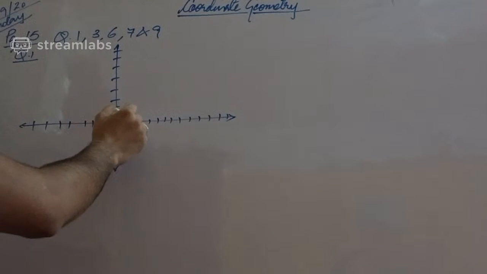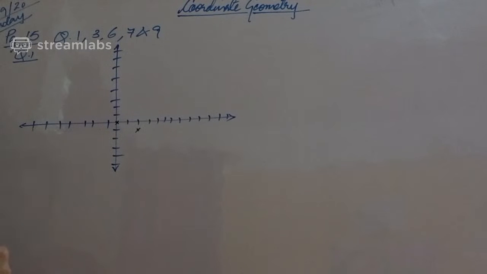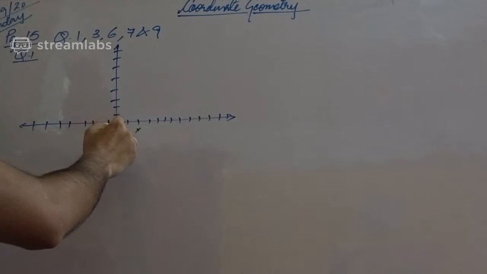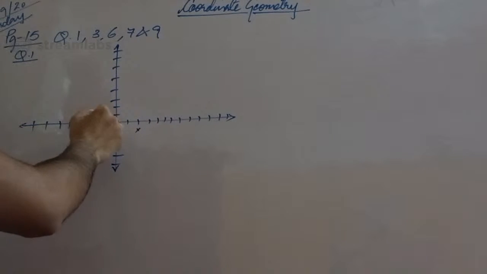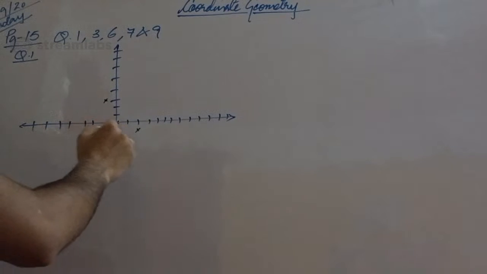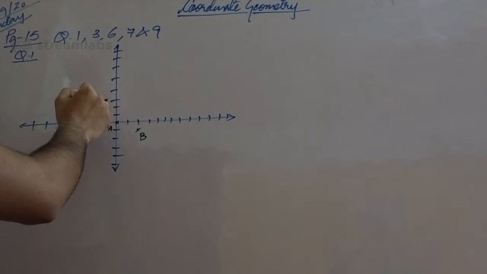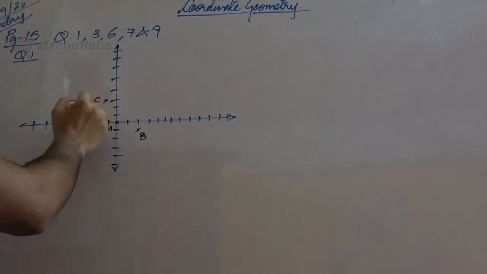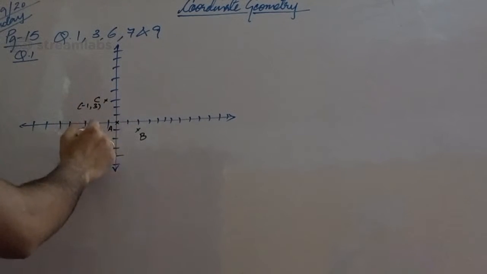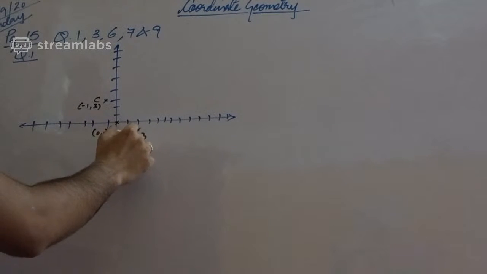B is (2, -1), and C is (-1, 3). (-1, 3). So this point is A, this point is B, and this point is C. It is (-1, 3), it is (0, 0), and this is (2, -1).